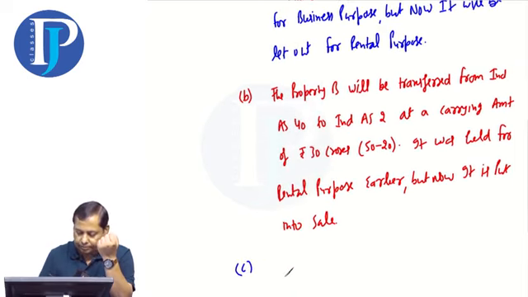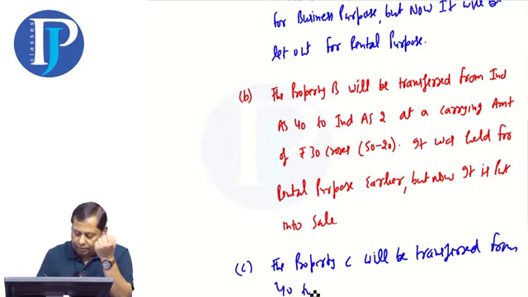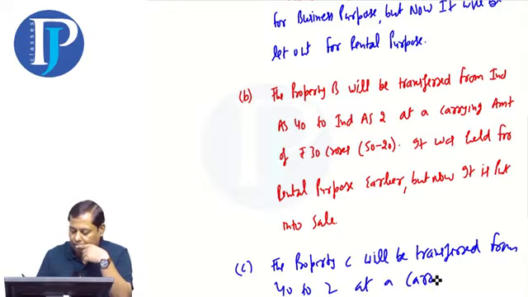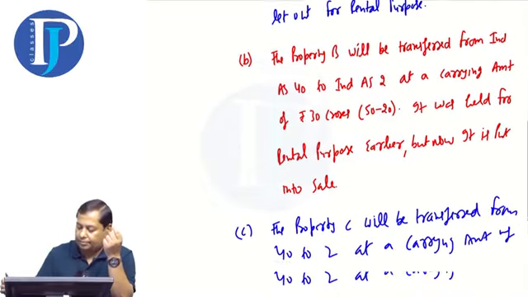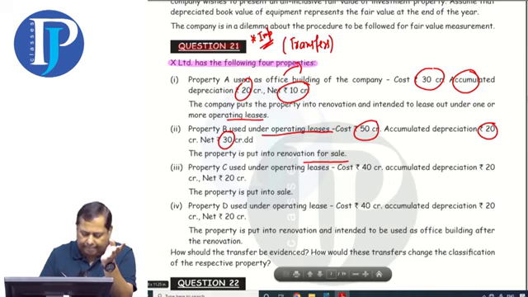C. Property C will be transferred from 40 to 2 at carrying amount of rupees, you can do the presentation, from 20 crores.